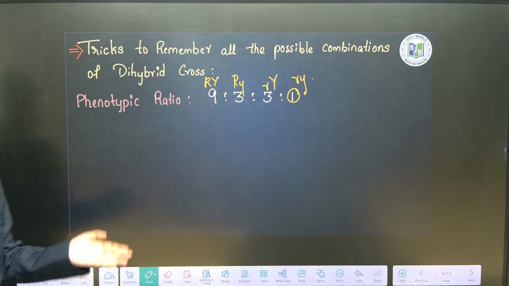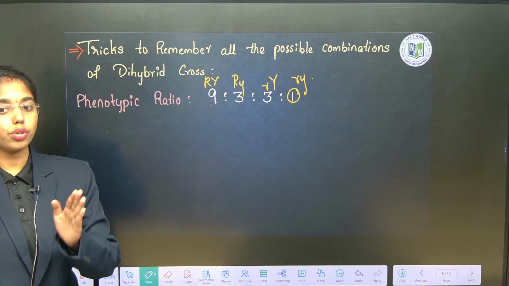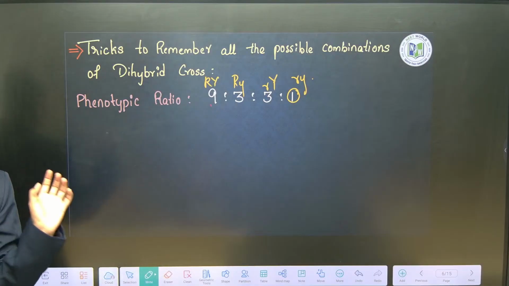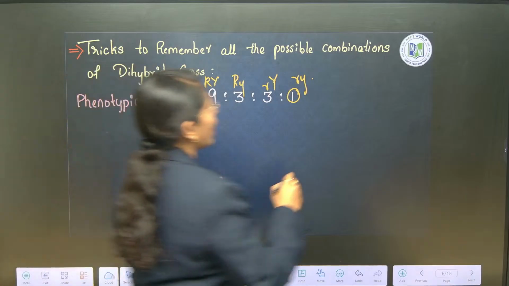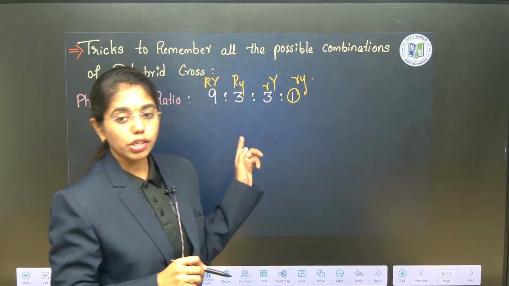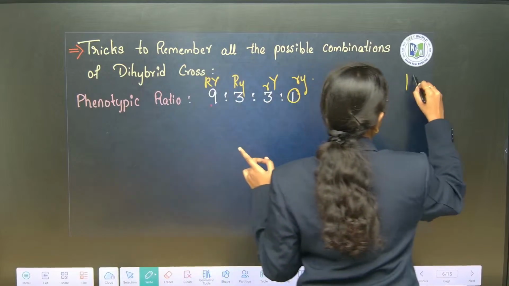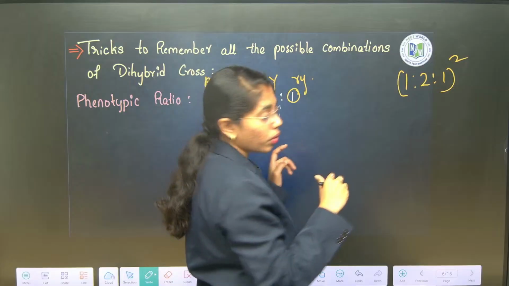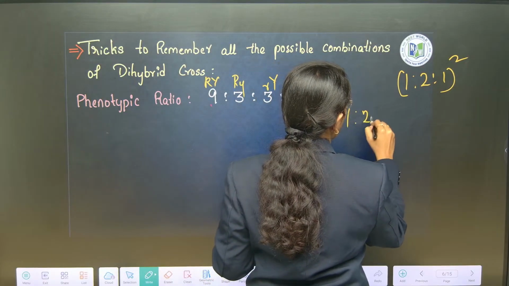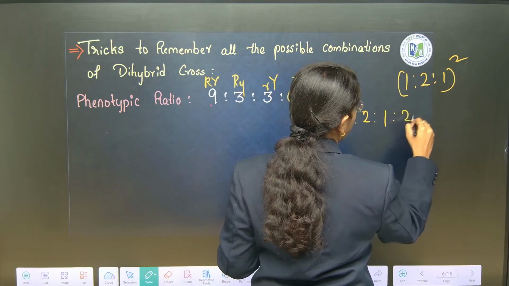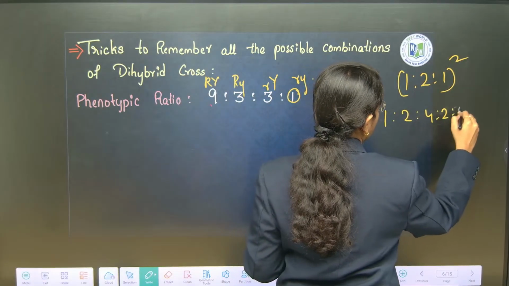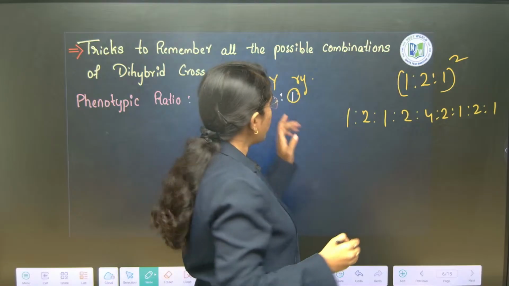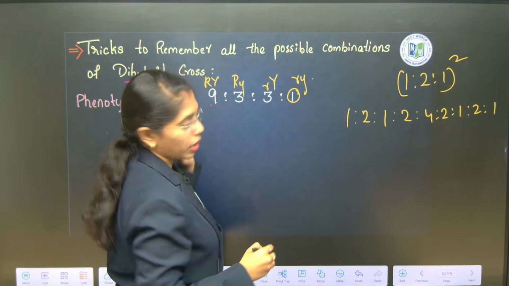And the genotypic ratio is 1:2:1:2:4:2:1:2:1. You can identify the genotypic ratio of a dihybrid cross by squaring the genotypic ratio of the monohybrid cross. Fine.